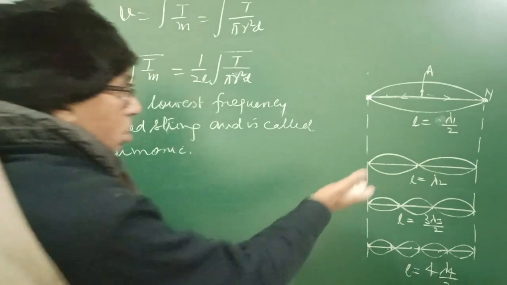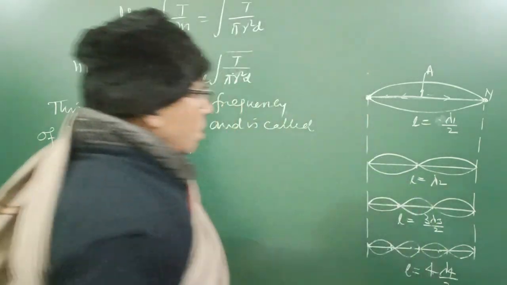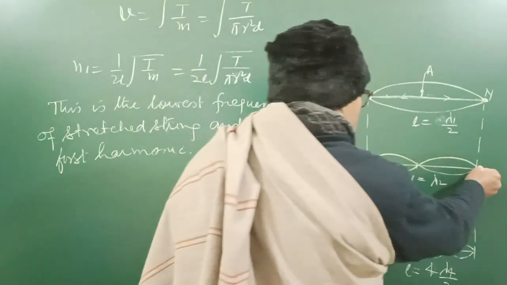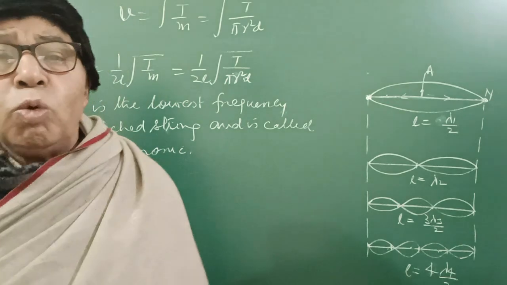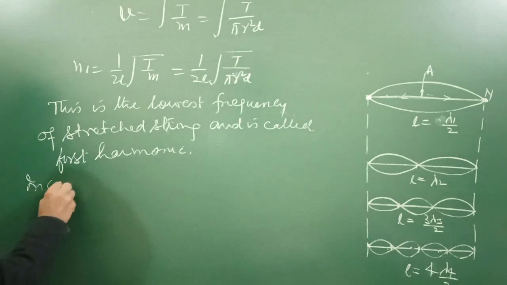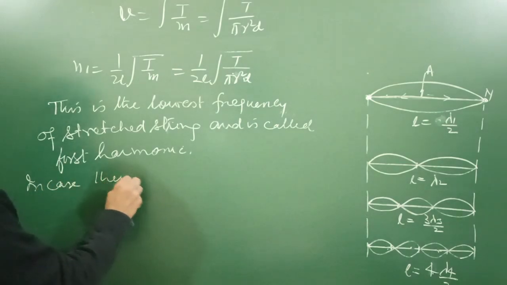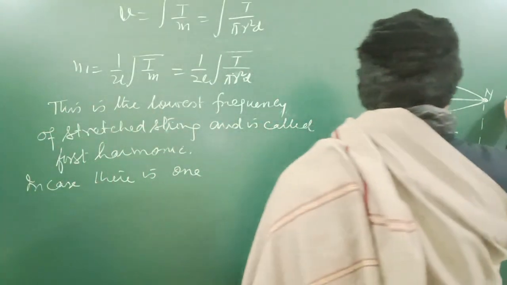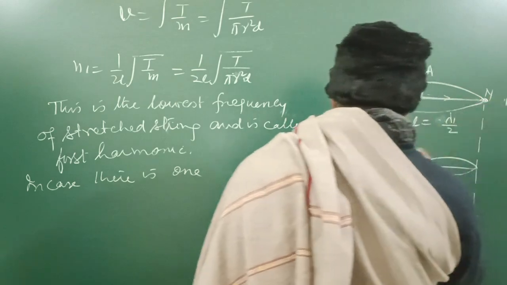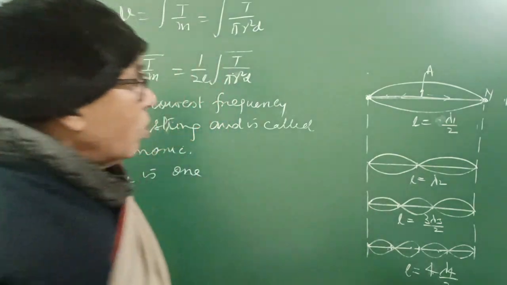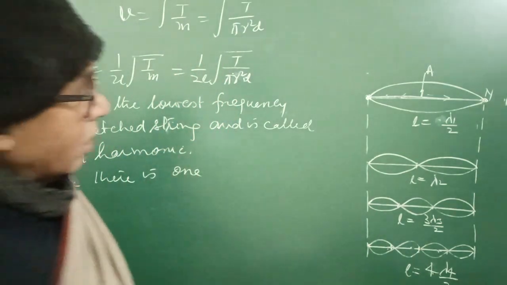Now if we pluck it strongly, then it may oscillate with one or more nodes between the nodes at the two ends. In case there is one node, this is figure 1, the same wire is there. Actually the dotted line I have drawn here is to keep the length same, to have assessment that length is not changed.